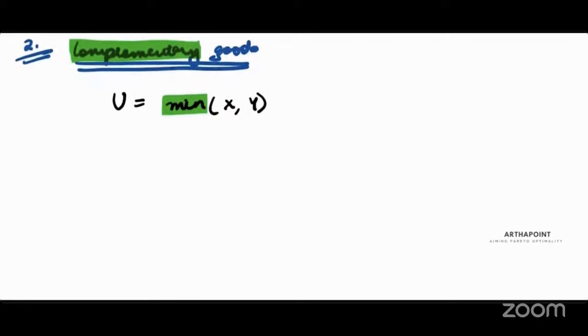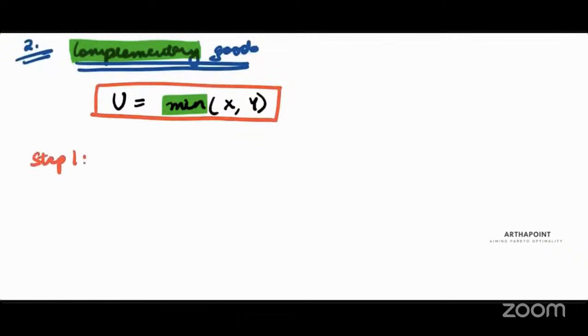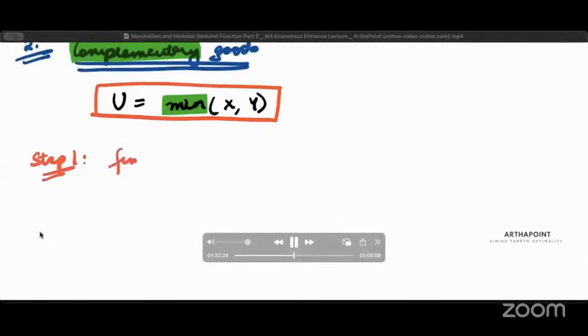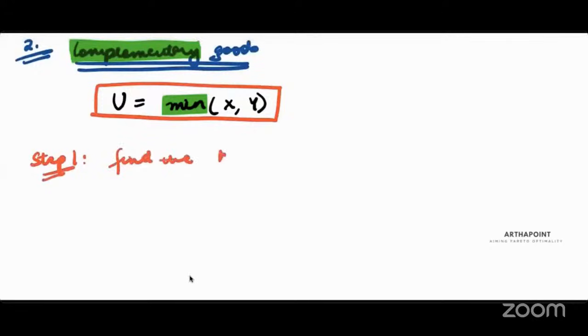Now, in the case of complementary goods, in the min function that you are given, step 1 will always be to find the kink. You find the kink of the complementary goods. The question is, how do we find this kink? In order to find the kink, whatever comes inside the min function has to be equated. I'll tell you the reason why we do that.